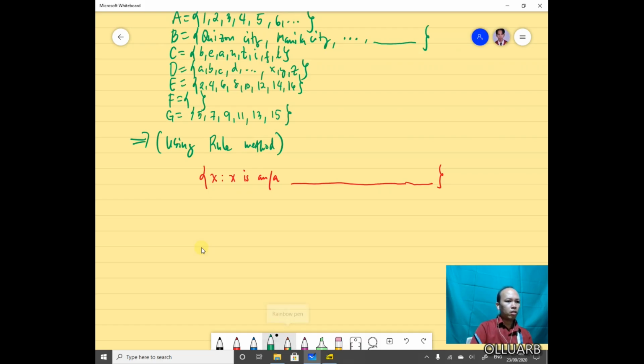write, let's say, another color. This is the universal way of writing or describing a set using the rule method.